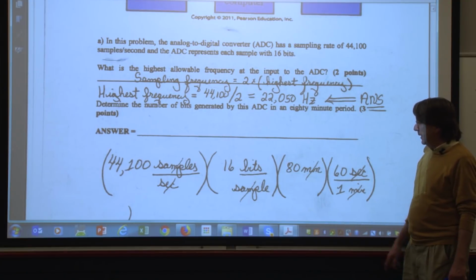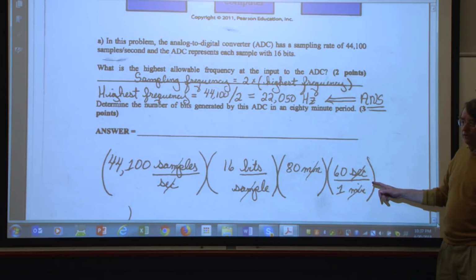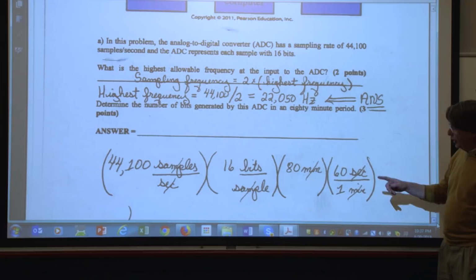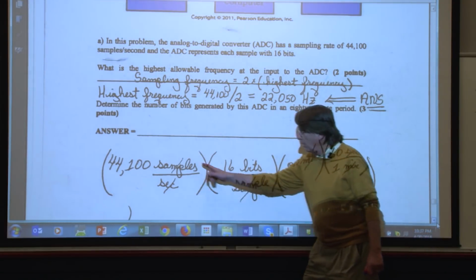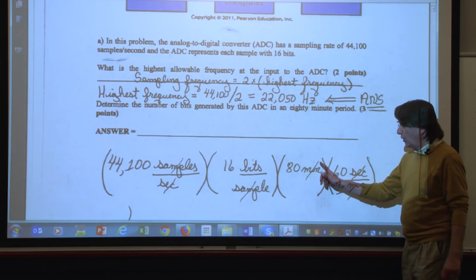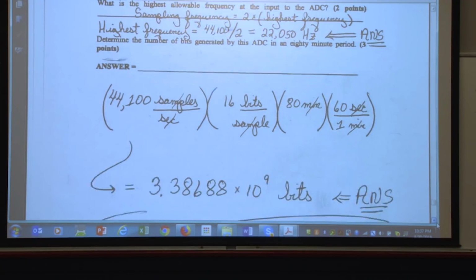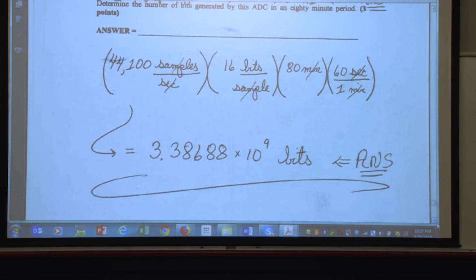That was given. I want to find out how many bits are generated in 80 minutes. I have to include a conversion factor of seconds to minutes. Look at the units. Samples with samples. Seconds with seconds. Minutes with minutes. I'm left with just bits. So what I get is a huge number. 3.38688 times 10 to the 9th. That's billions of bits.